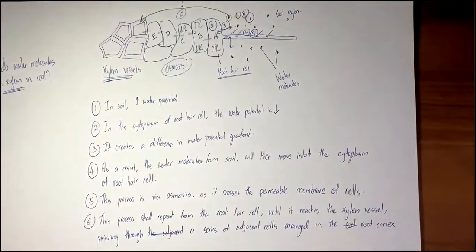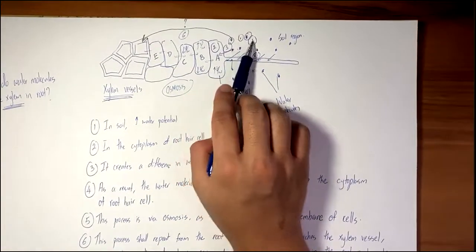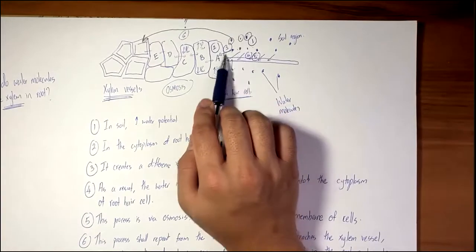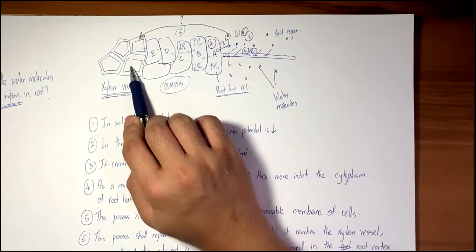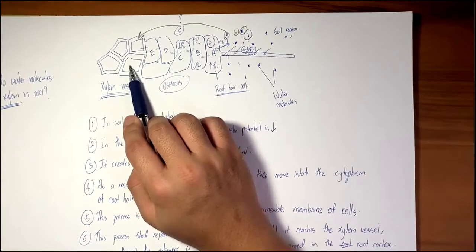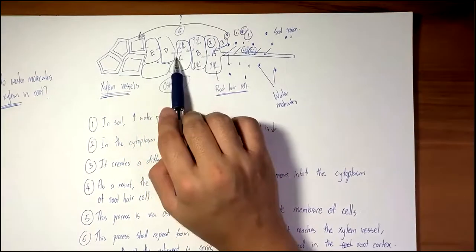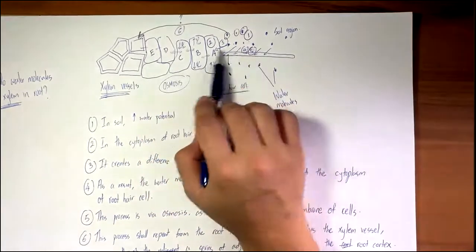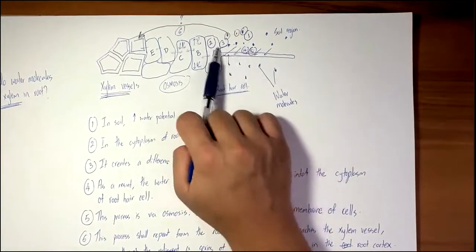Okay, and this process whereby water molecules are absorbed by the root hair cell and enter into the xylem vessel is not just talking about one root hair cell. Remember, in a single root, you have probably hundreds or thousands of root hairs, like these kind of cells.